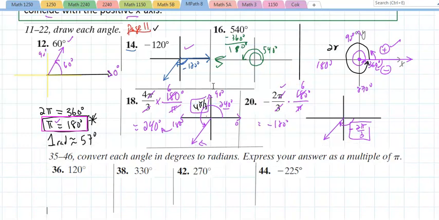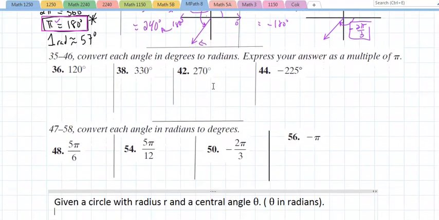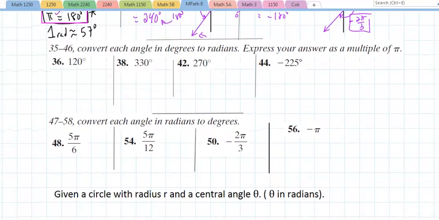Now, convert each angle in degrees to radians. Alright, so take 120 degrees, and if I multiply, again, if I want the answer in radians, I want radians at the top. Whatever I want to eliminate, I want that in the denominator. The zeros cancel out. Divided by 60, that's a 2. Divided by 60, that's a 3.